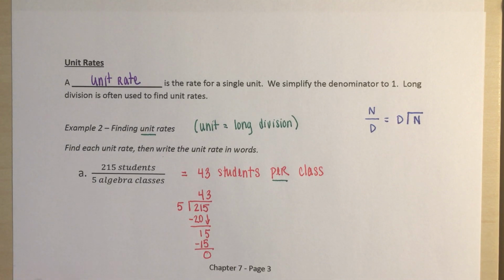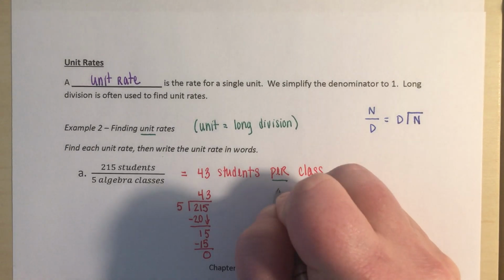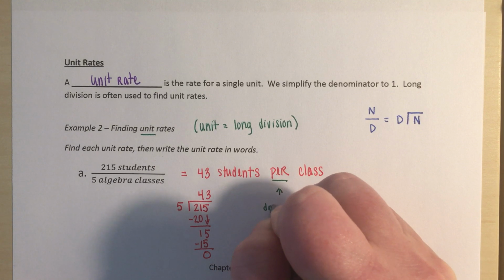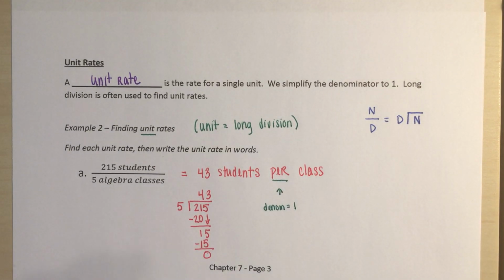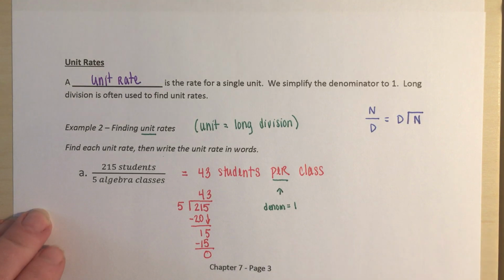That per meaning our denominator equals 1. So as we go through, again, when we're simplifying rates, we have some different phrases that we can use. When we're doing unit rates, we're usually going to see the word per in there. Right, so let's work through a couple more examples.